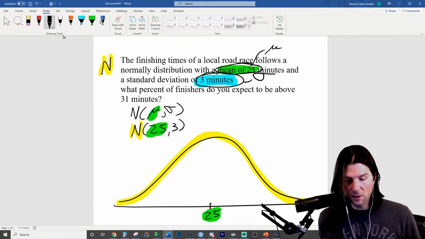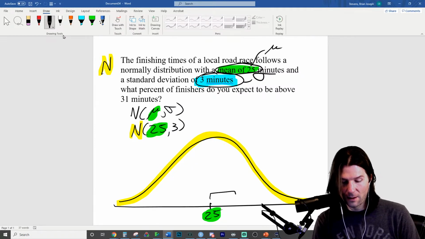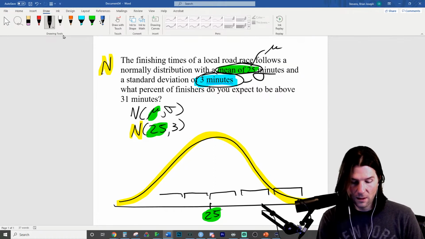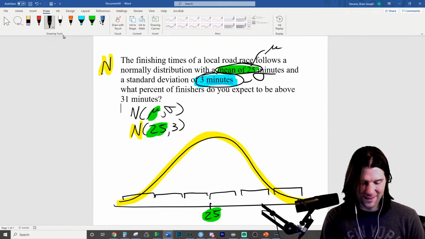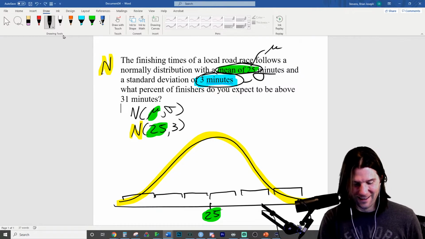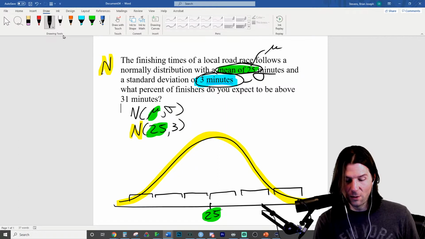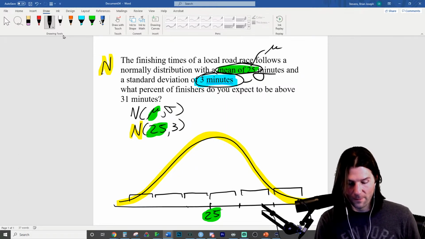And so when you see the standard deviation right here, the standard deviation is going to be the units that this goes up and down each time.